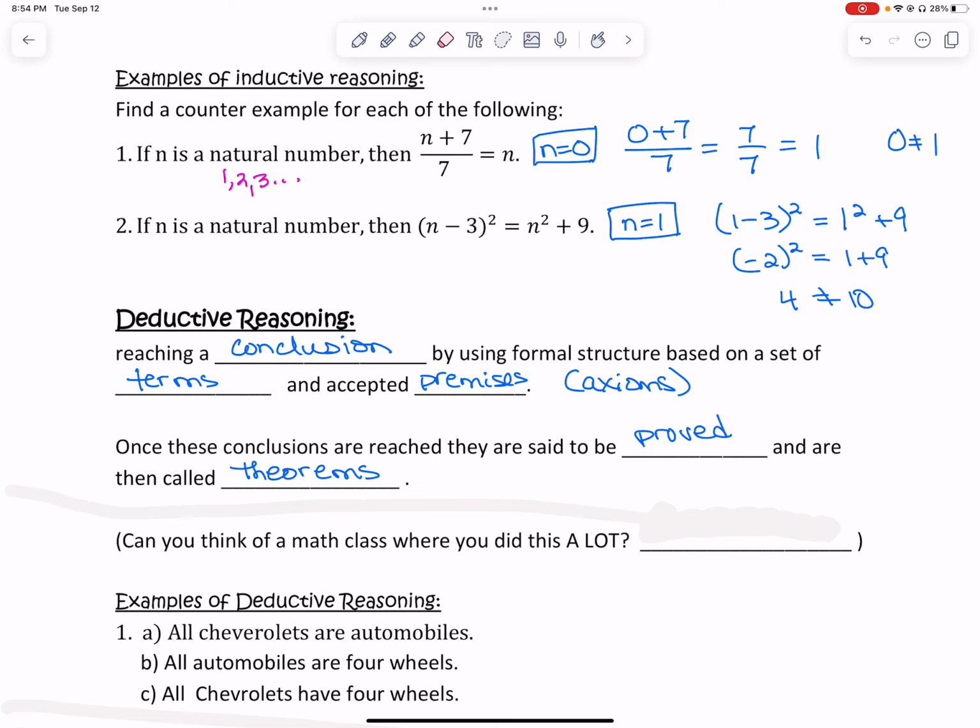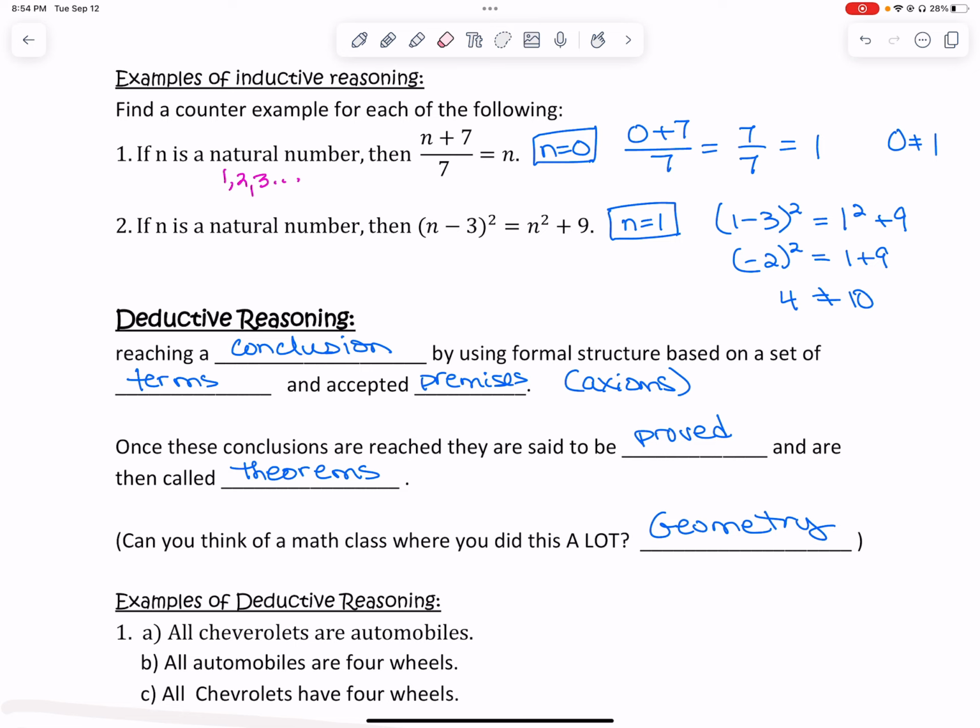Can you think of maybe a math class in high school where you did this a lot, where you had theorems and axioms and you had to prove stuff at the end? Maybe. Geometry.